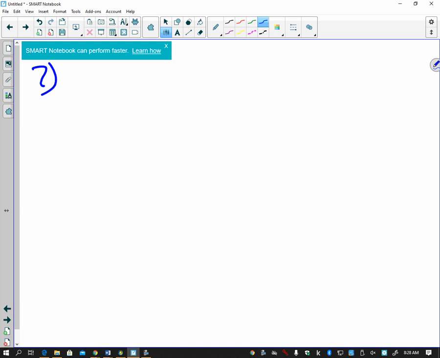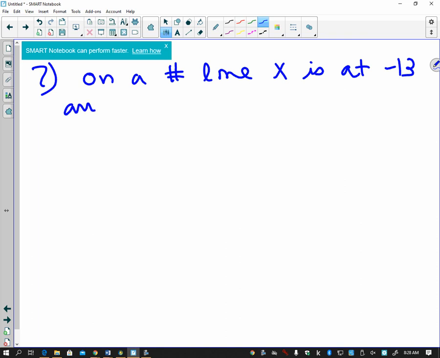All right. On this one, you need to be able to find a midpoint on a number line. They're going to say on a number line, x is at negative 13 and z is at 11.